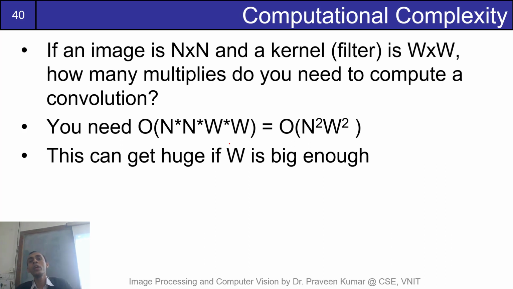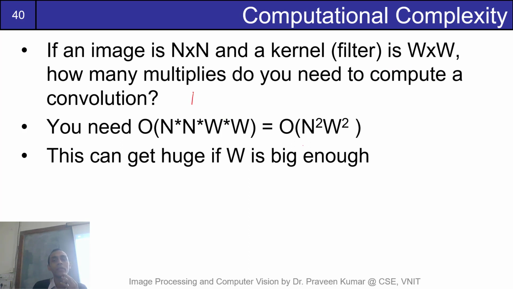Another utility of convolution operation is that if you are worried about the time complexity, because sometimes the time complexity may be a problem. If you are doing a convolution operation, what is the magnitude of the operation? Let us say the image is of size n by n and the filter is of size w by w. How many multiply operations are you doing?